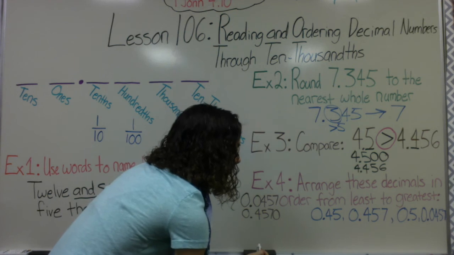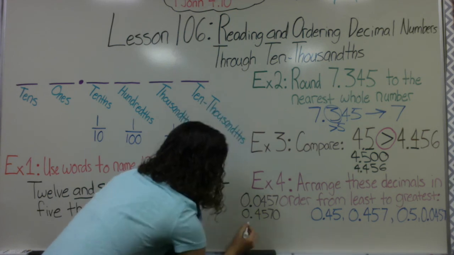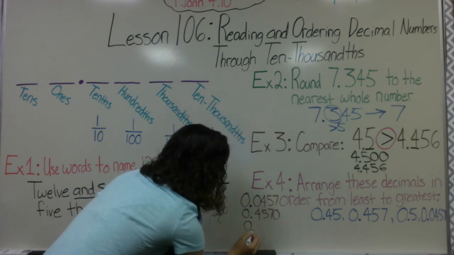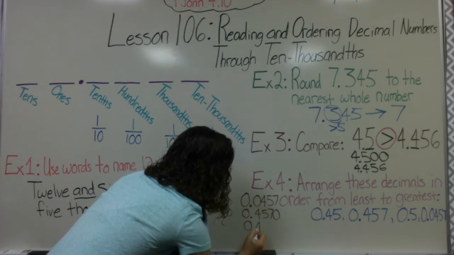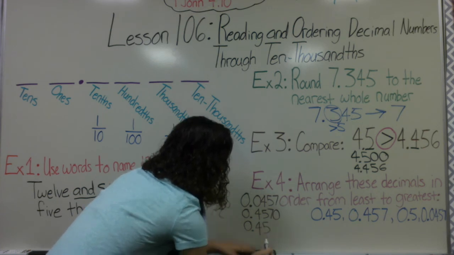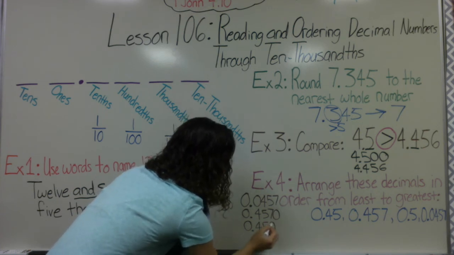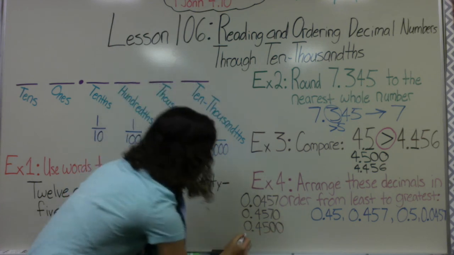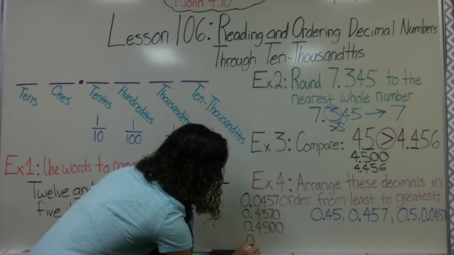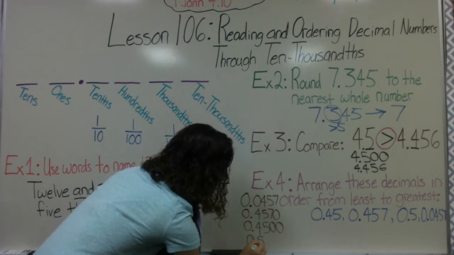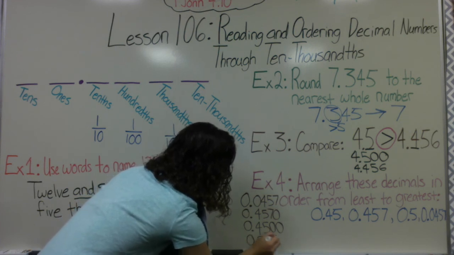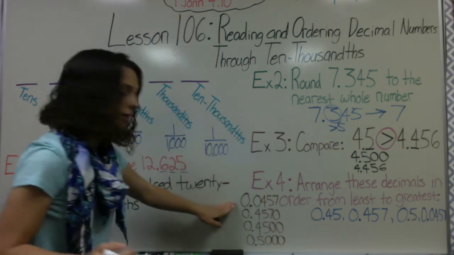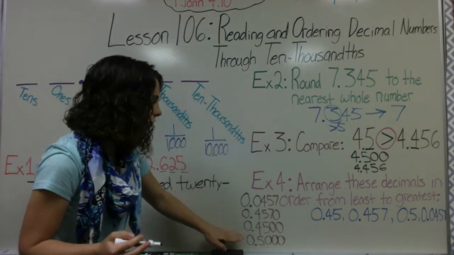Then I have 2 decimal places here, 0 and 4,500. So I'm going to add 2 zeros here so that my place values are all lined up. Then I have 0 and 5/10. I'm going to add zeros here. Okay, so I have the same amount of digits for every single one.